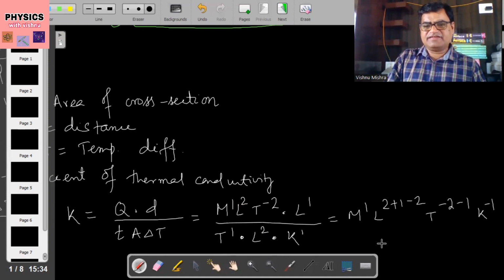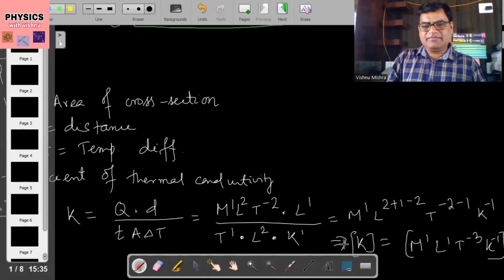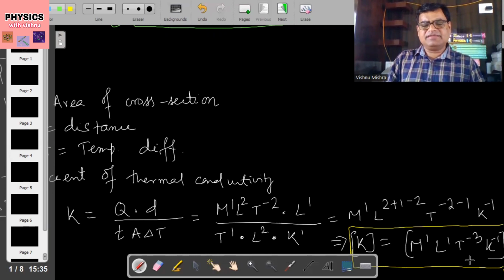And K power minus 1. And finally I am going to get this K. Coefficient of thermal conductivity is M1 L1 T minus 3 K minus 1. This is the dimension of the coefficient of thermal conductivity.